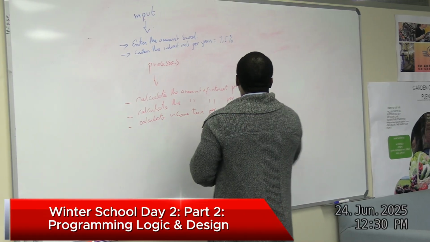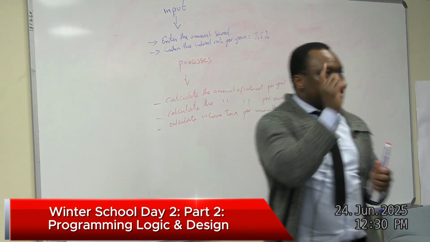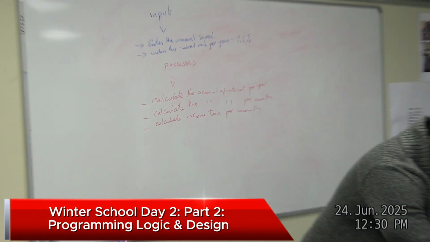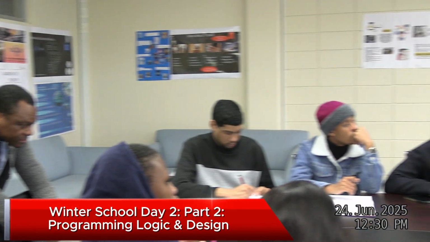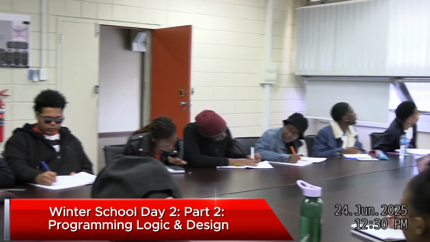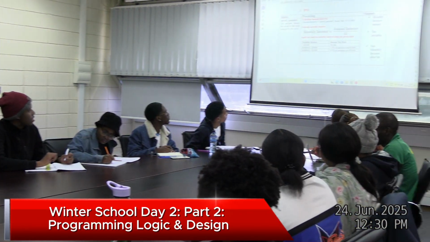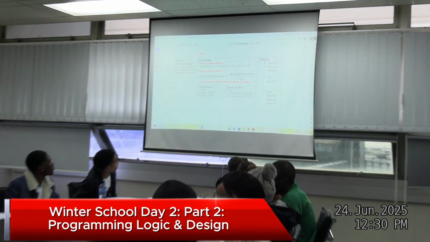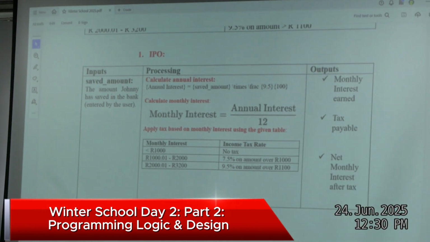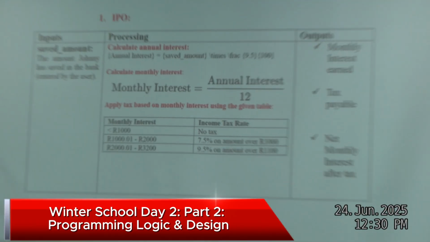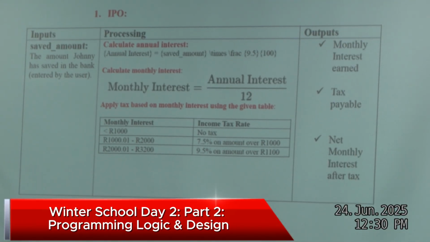Guys, pay attention. Figure out all the processes. All the answers are already given there. I just want you to figure out. Everything is already there. We found per month. Calculate also income tax per year, because we have amount of interest per year, amount of interest per month.